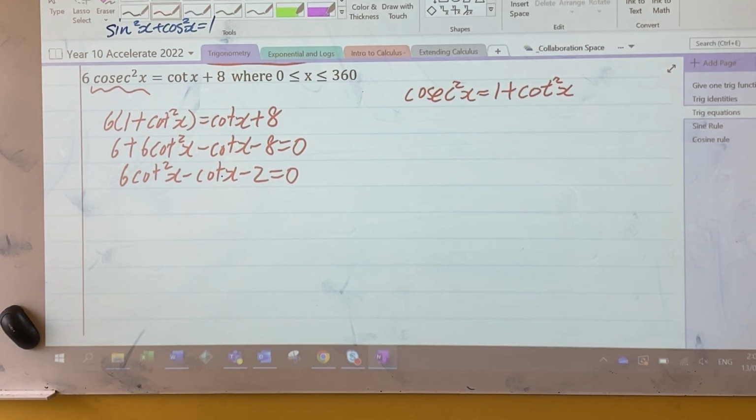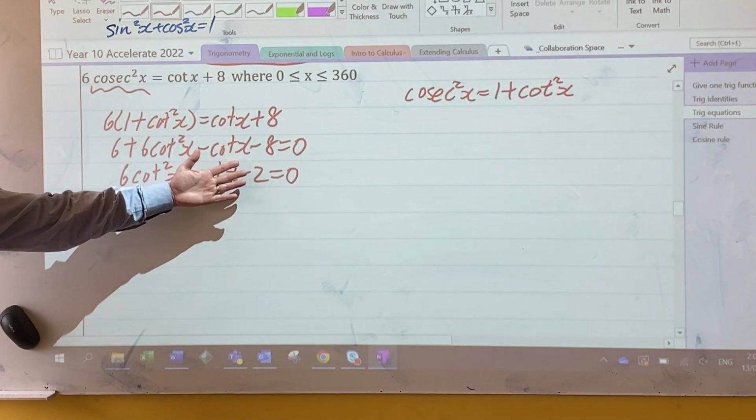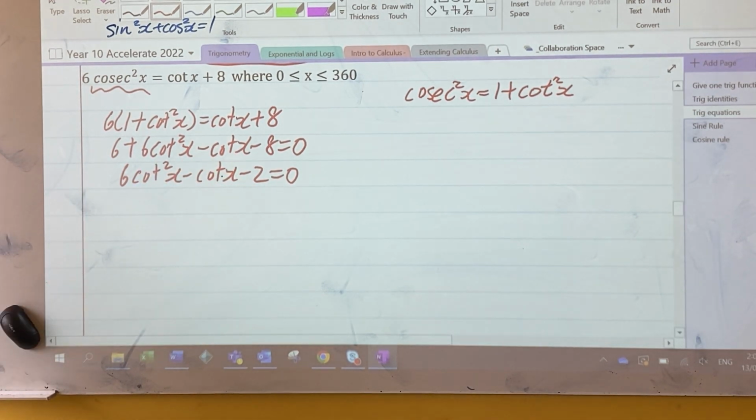Is it okay? Something square x, something x, and a constant equals 0. So we know that it's in the form of a quadratic. Therefore, we can factorize, right? How do we factorize this one? Divide by cot x? No, remember that? Cot x is not a common factor.